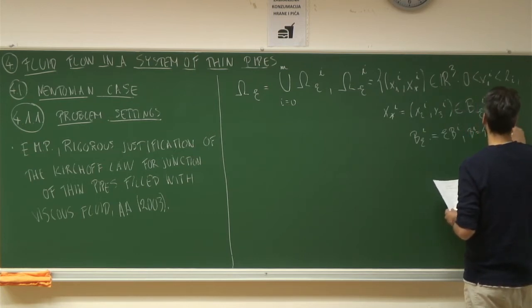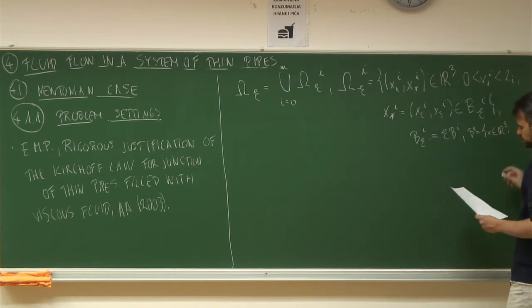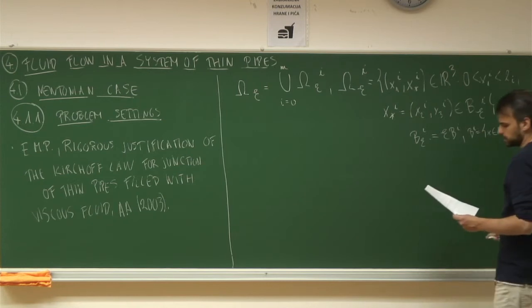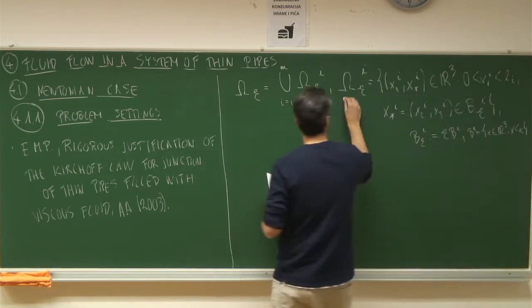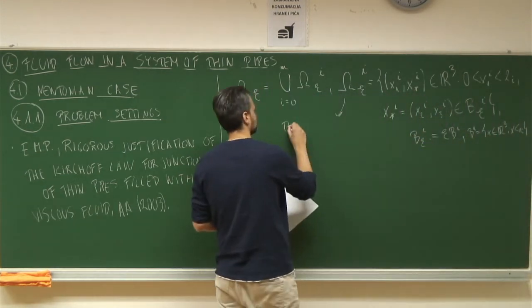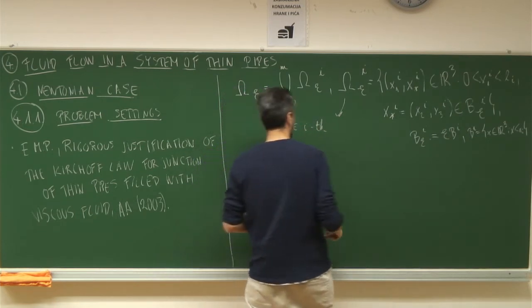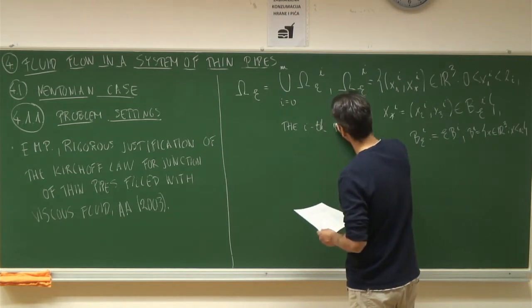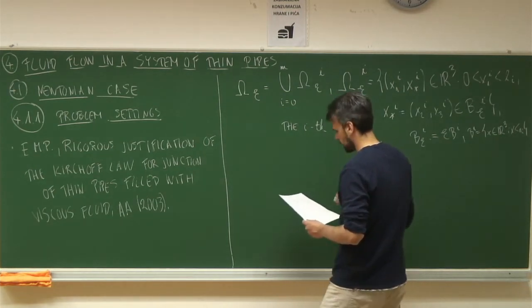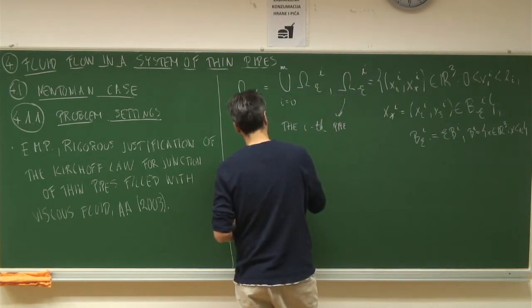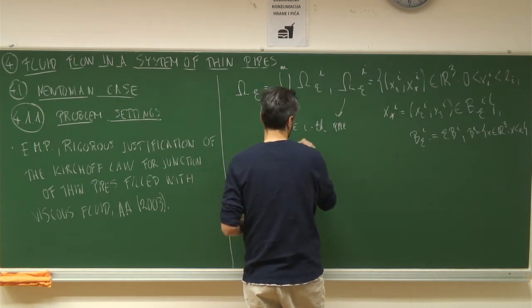Of course it doesn't need to be circular, but for some computations you can obtain explicit expressions. I think it's written like this, the i-th pipe in the system of pipes.